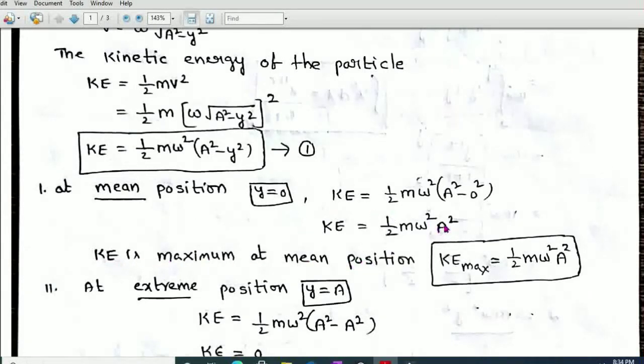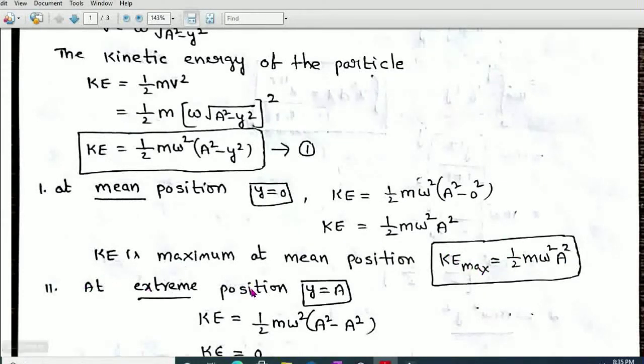KE max, the maximum kinetic energy, is equal to ½mω²A².